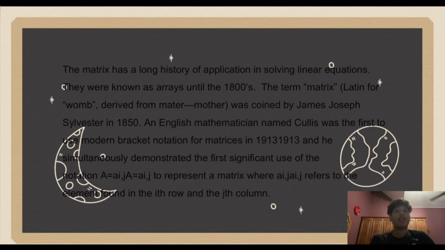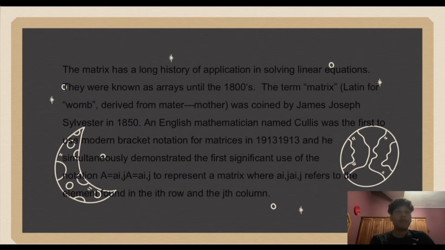Today I want to talk about the introduction of my group assignment, which is matrix. The matrix has a long history of application in solving linear equations. They were known as arrays until the 18th century. The term matrix, Latin for womb, derived from mater, mother, was coined by James Joseph Sylvester in 1850.